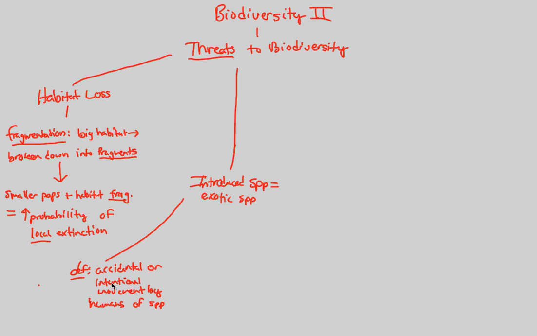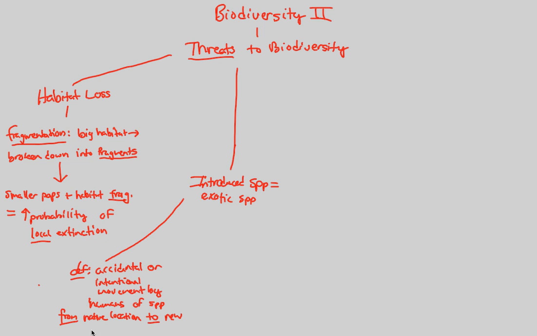So the accidental or intentional movement by humans of species from native location. So we'll write from, that's the key here, native location, and of course they're moving somewhere, so it's going to be to new geographical regions.